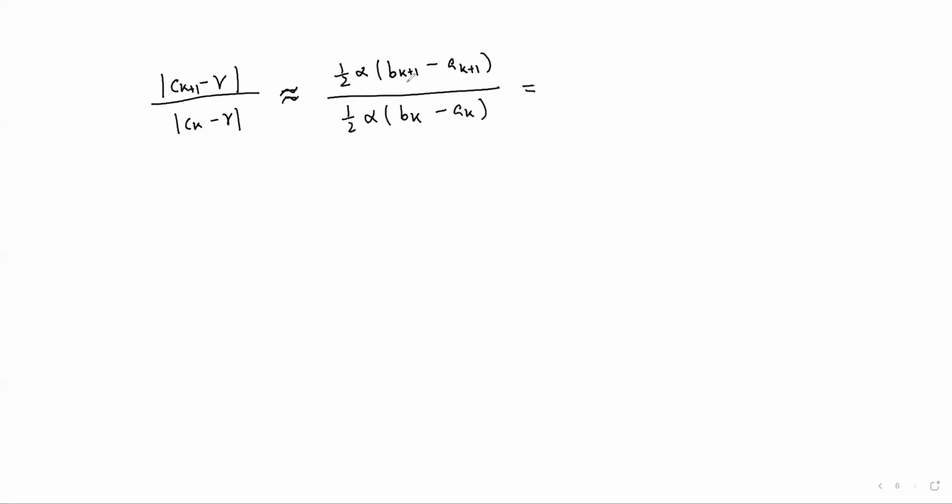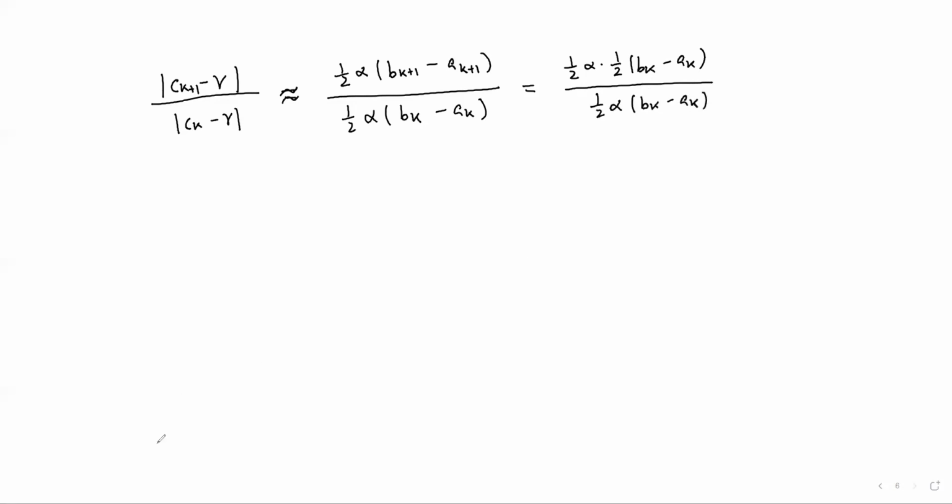But b_k minus a_k is the length of the interval [a, b] at step k. Now, the next step, the length of the interval should be half of the length of the interval in the previous step. So this is 1/2 times alpha times 1/2 (b_k minus a_k).